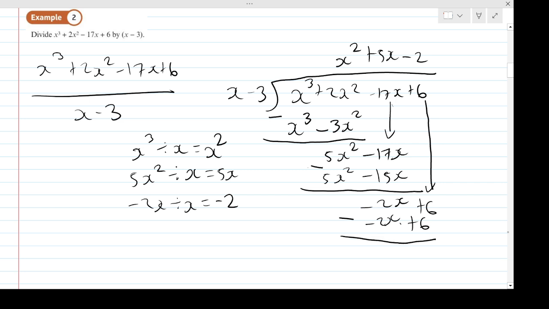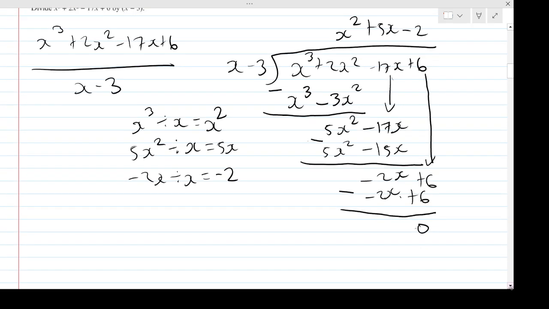So minus 2x minus minus 2x, that'd be minus 2x add 2x, which should be 0x. And then 6 take away 6 will be 0 as well. So overall, I'm left with 0. And I can't do anything more because there's no more numbers to bring down. Okay, so that's it. That's the method done.